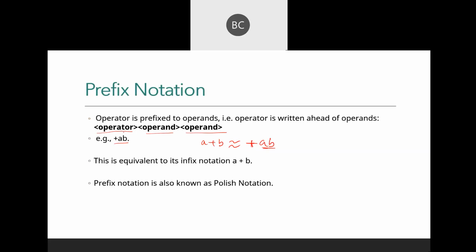Operator will always come before operands. So this is infix, and plus a b is the prefix. And postfix is where the operator stays after the operands. That means it is a b plus. Just remember, prefix notation is also known as Polish notation.